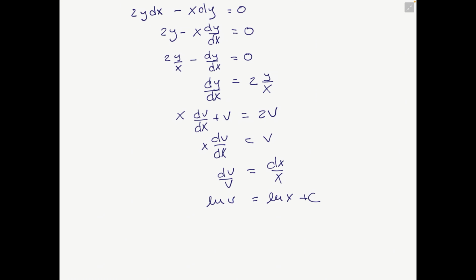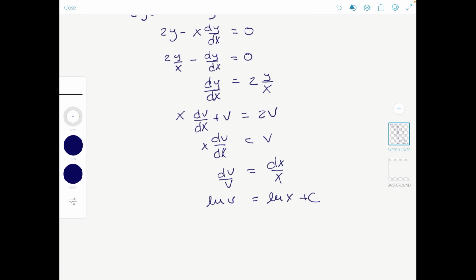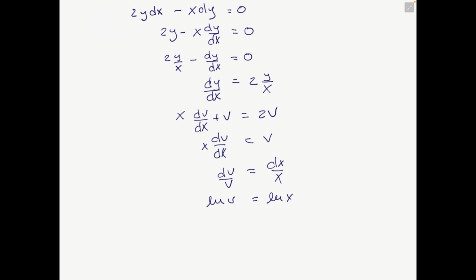Or we could have it the other way around. We could put the c on this side. Raise it all to the power, exponential. So we get e to the ln v times e to the c equals e to the ln x.